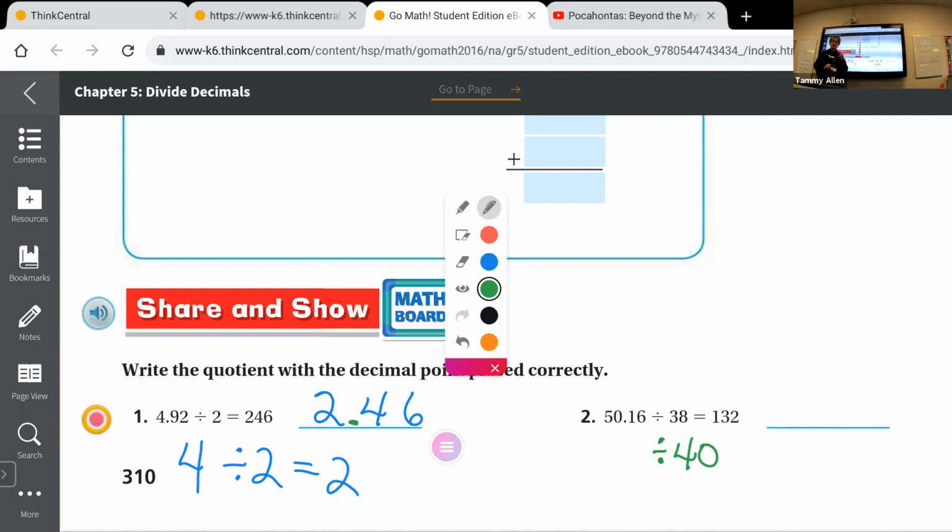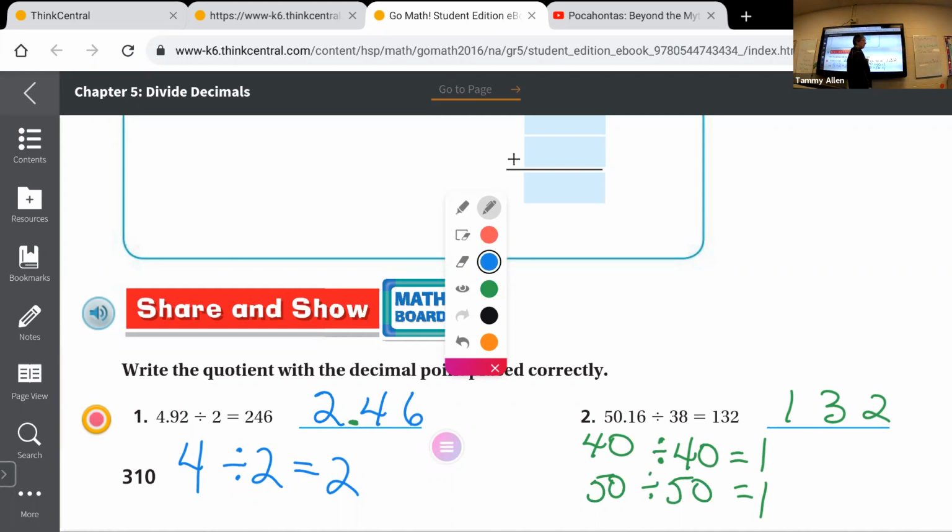Probably not. 50 divided by 50? 40 divided by 40. Either way, you would get 1, right? And where would the decimal point belong? All right. So do we understand again how to use estimates to know where to place the decimal point?